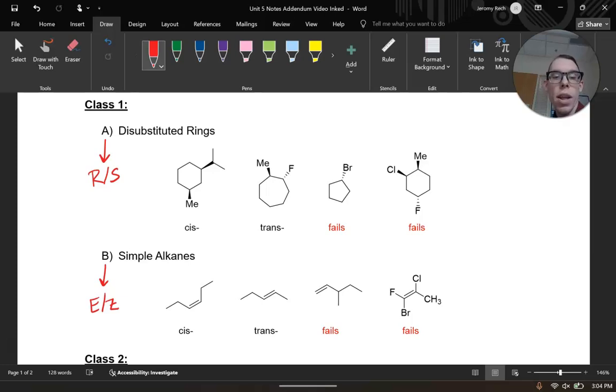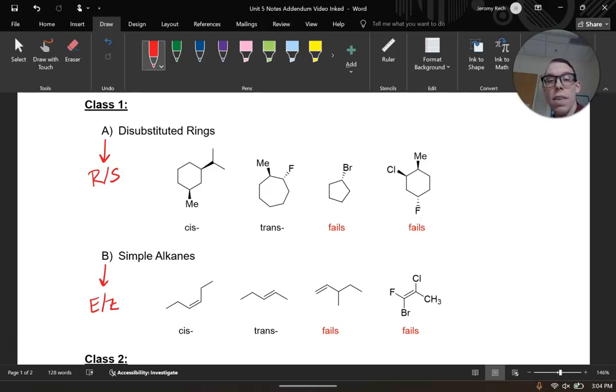However, if we don't care that much, and we're just trying to do just a base differentiation, cis and trans can work. Now, for rings, it is really important that you have 2 and only 2. So this is only for di-substituted rings. For example, if you have this third case here, where you just have a monobromo that's on a dash, you can't use cis and trans because there's nothing to compare to.